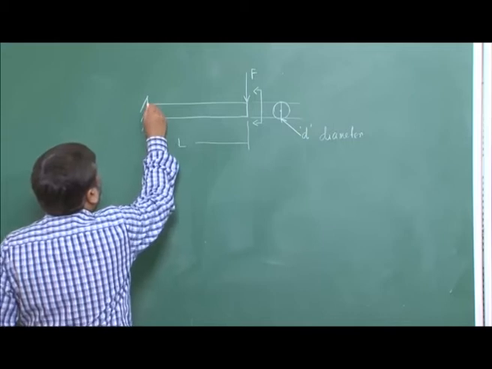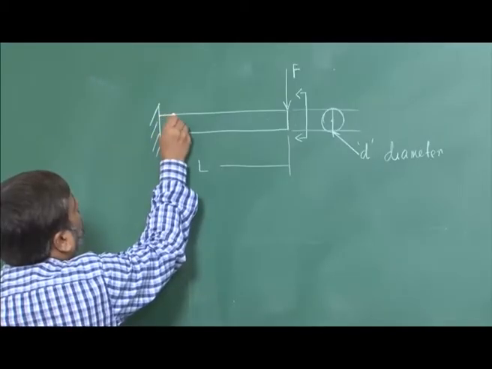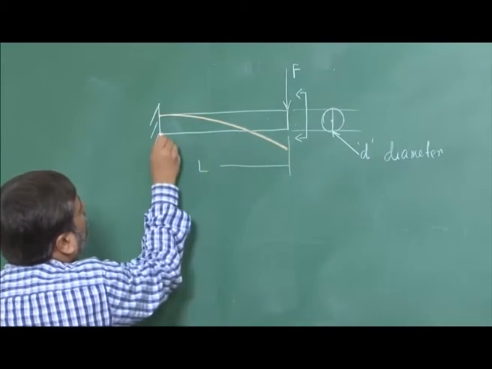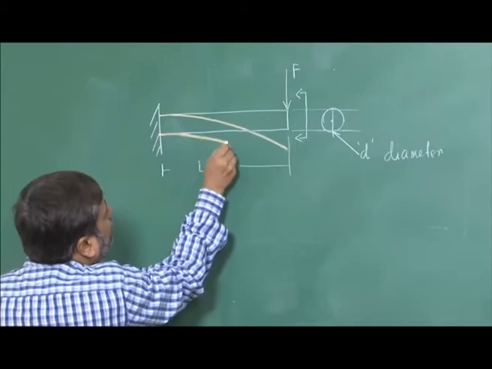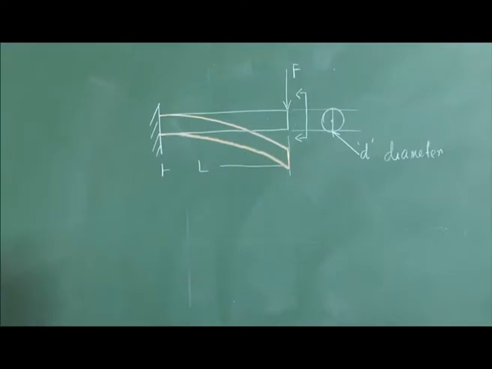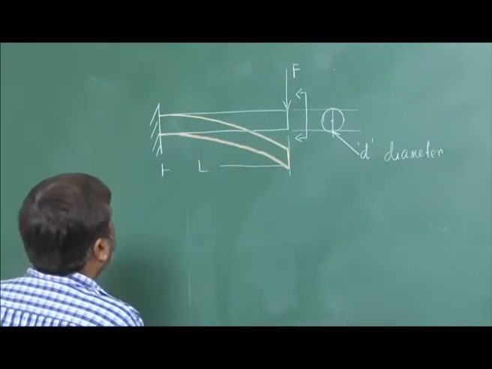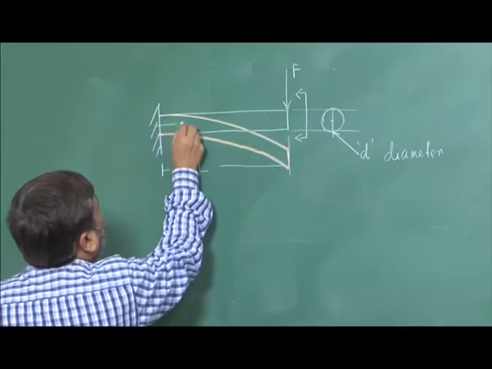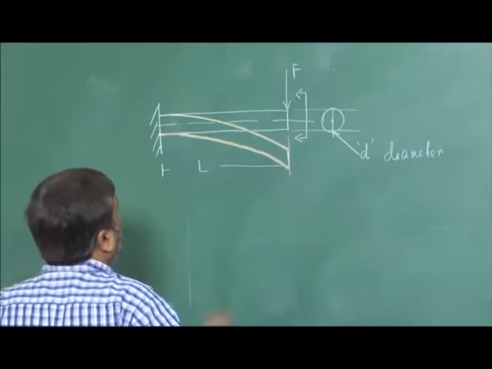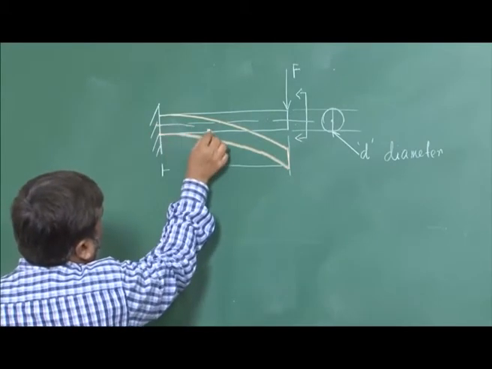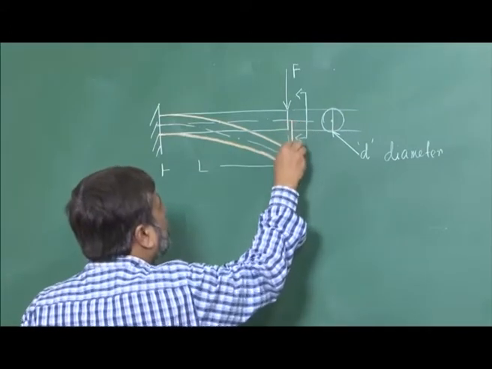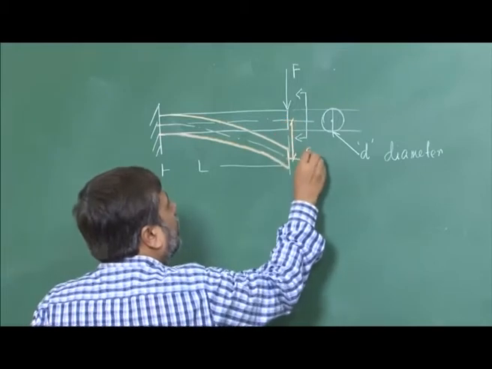If you try to exaggerate the deflection, let us say the load is quite high, then this is the way it is going to deflect, which means that the central point of the beam moves away from the same center line, and this distance is delta.